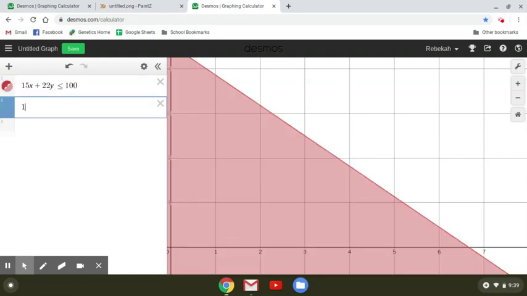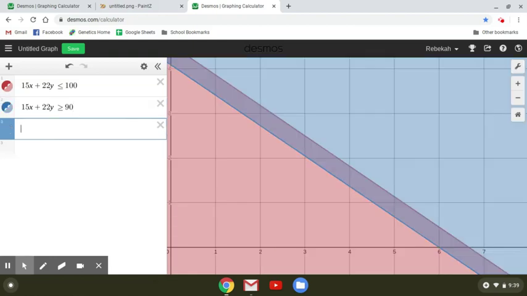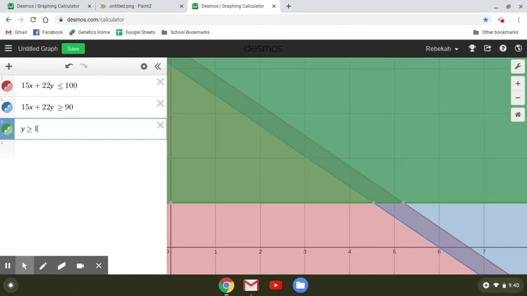We also said 15x plus 22y has to be greater than or equal to 90. Those are going to be parallel lines, right? And then finally, we said that y has to be greater than or equal to 1.